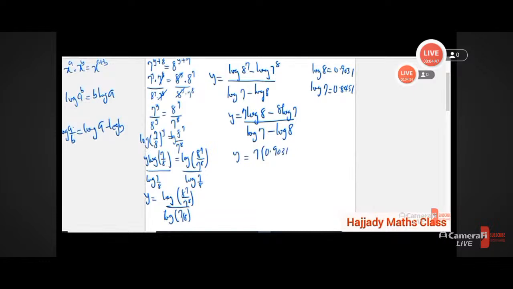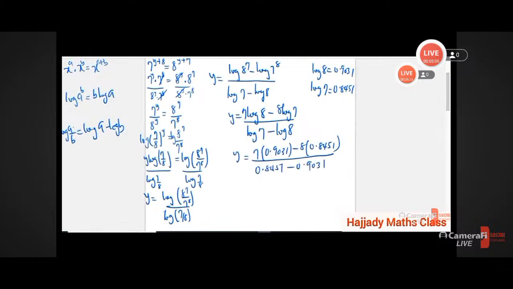So my y is going to be 7 into bracket 0.9031 minus 8 into bracket 0.8451, over 0.8451 minus 0.9031.